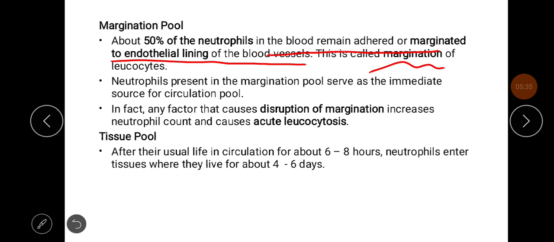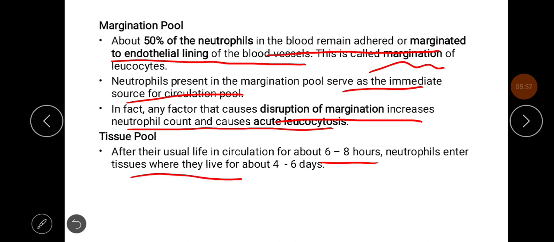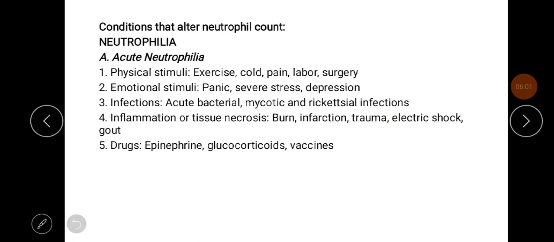Neutrophils present in the margination pool serve as an immediate source for the circulatory phase. In fact, any factor that causes disruption of margination increases the neutrophil count and causes leukocytosis. After the usual life in circulation for about 6 to 8 hours, neutrophils enter tissues where they live for 4 to 6 days.